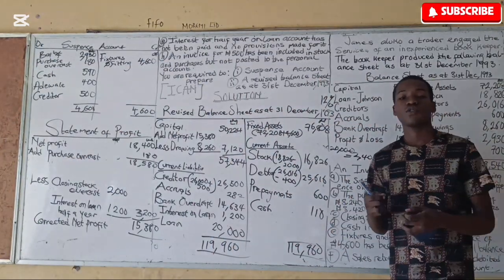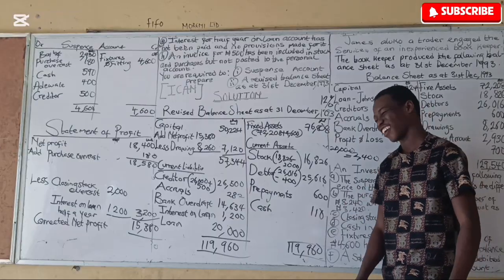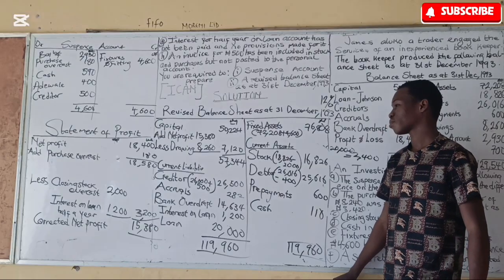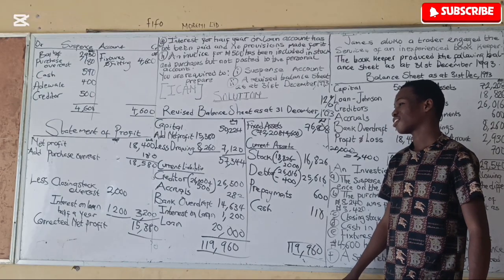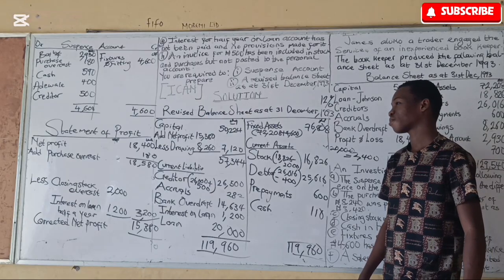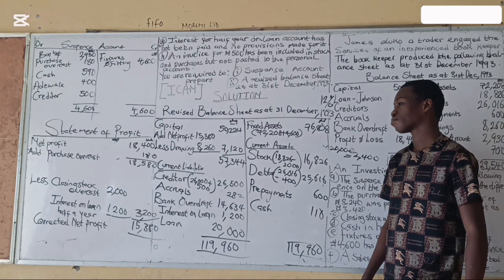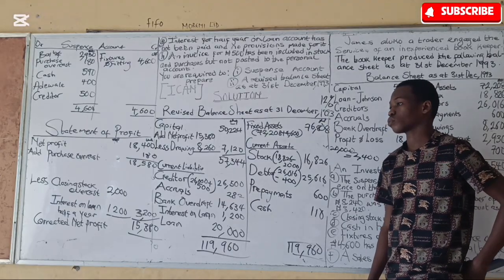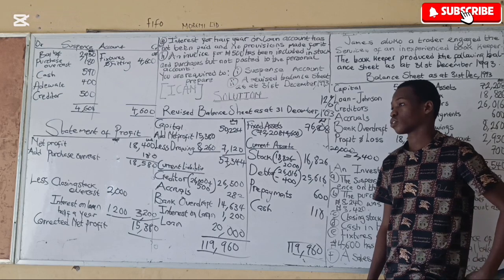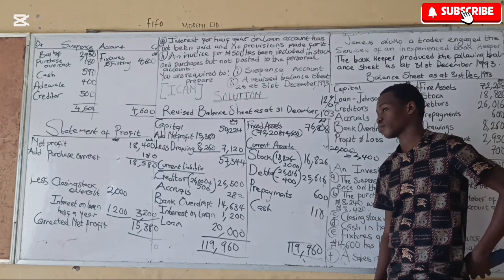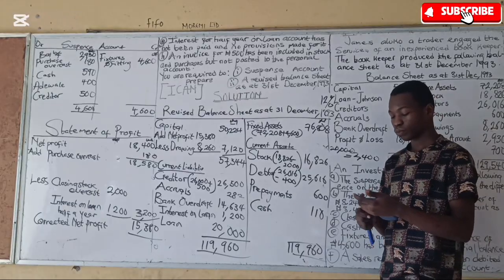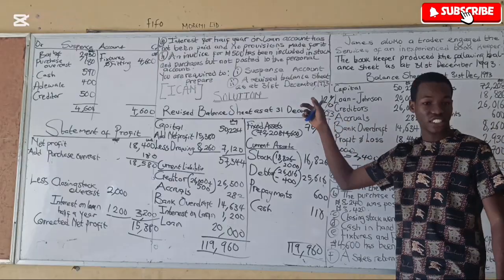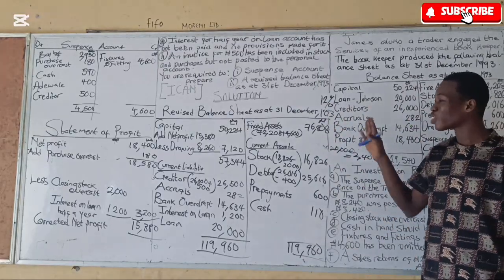So you can keep practicing, because any question that is going to come out under effect or statement of profit and loss cannot pass what I have written on the board.